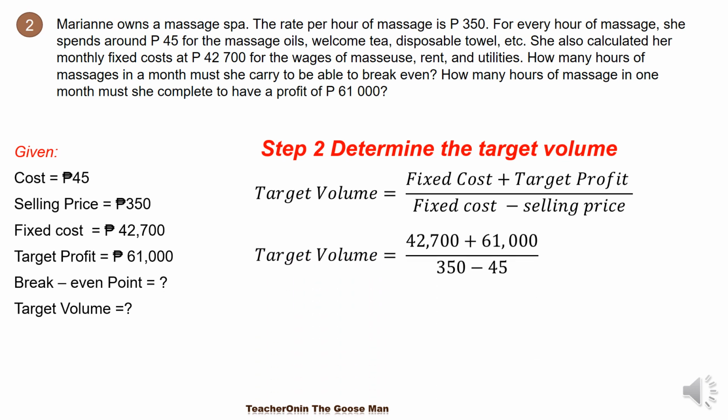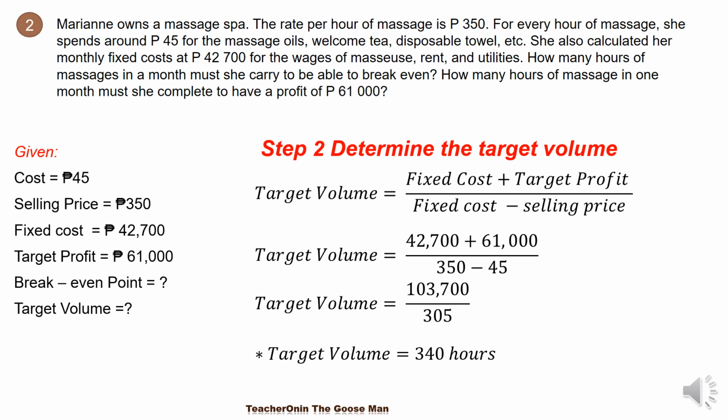We simply plug in the numbers: 42,700 plus 61,000 pesos divided by 350 minus 45. Using our calculator, we come up with 103,700 divided by 305. Then the target volume is equal to 340 hours. Take note, we rounded up to the nearest whole number.